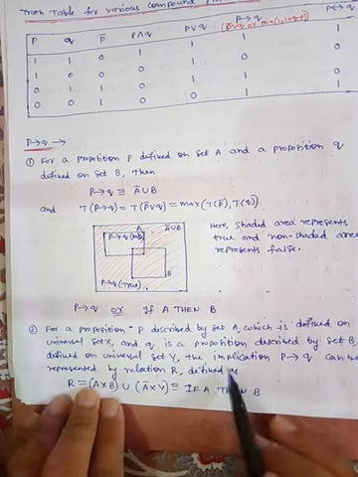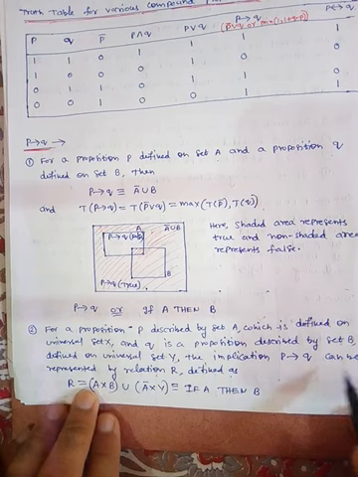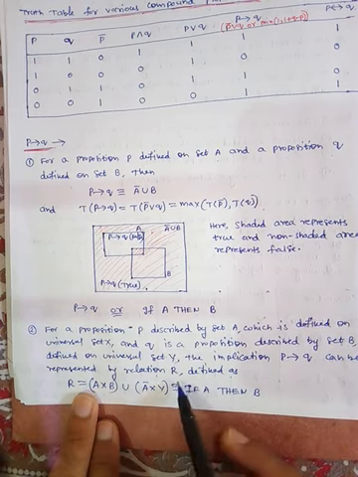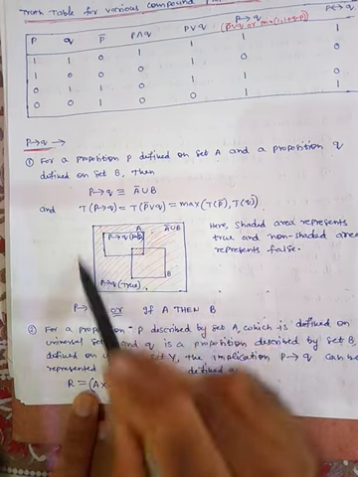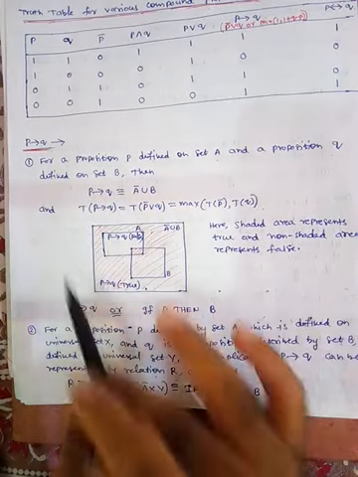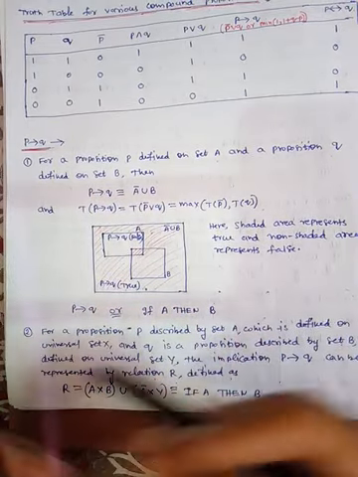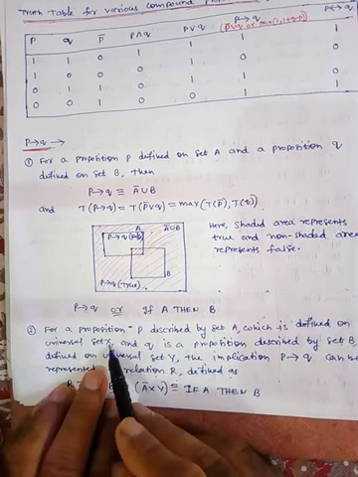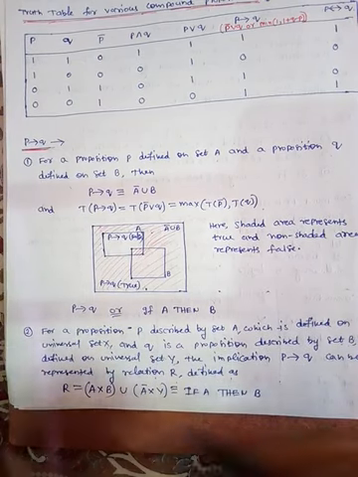Then the implication P implies Q can be represented by the relation R. Earlier, A and B were in the same universal set, so we have not evaluated the relation between two different sets. However, here one is X, another one is Y, so their relation is required.